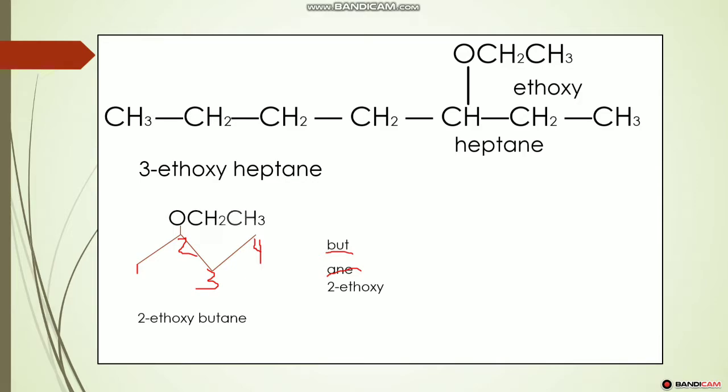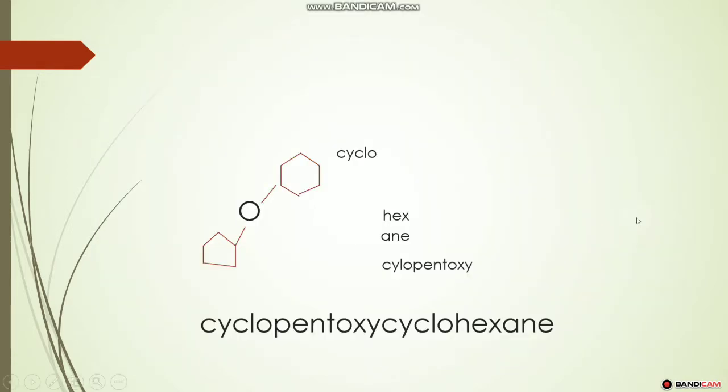Having 2 carbons together with the O substituent, we can name it 2-eth. Then just add OXY as a last name because it is attached to the oxygen. Then the IUPAC name for this will be 2-ethoxybutane.